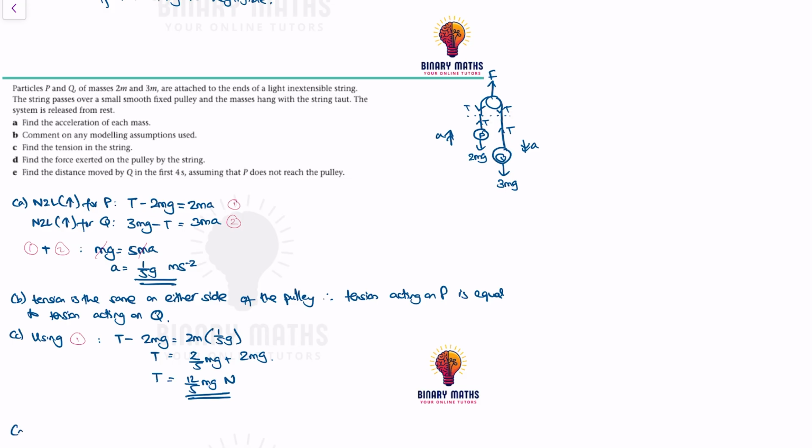So that means we're trying to find F. Because the pulley is stationary, it's not moving, it implies that forces acting up, which is F, must be equal to forces acting down, which is T plus T, which is 2T, which implies F must be equal to 2 times 12/5 mg, which is equal to 24/5 mg newtons.